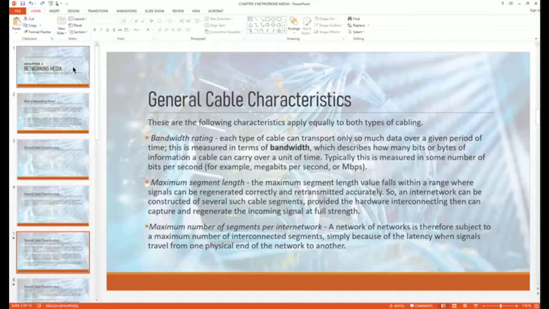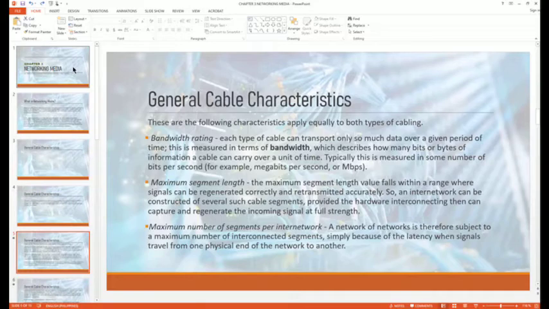Maximum segment length. The maximum segment length value falls within a range where signals can be regenerated correctly and retransmitted accurately. So, an internetwork can be constructed of several such cable segments, provided the hardware interconnecting them can capture and regenerate the incoming signal at full strength.